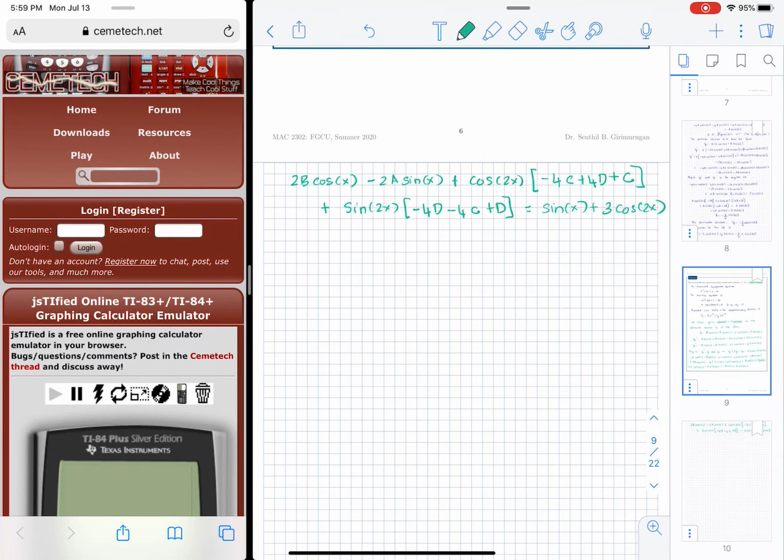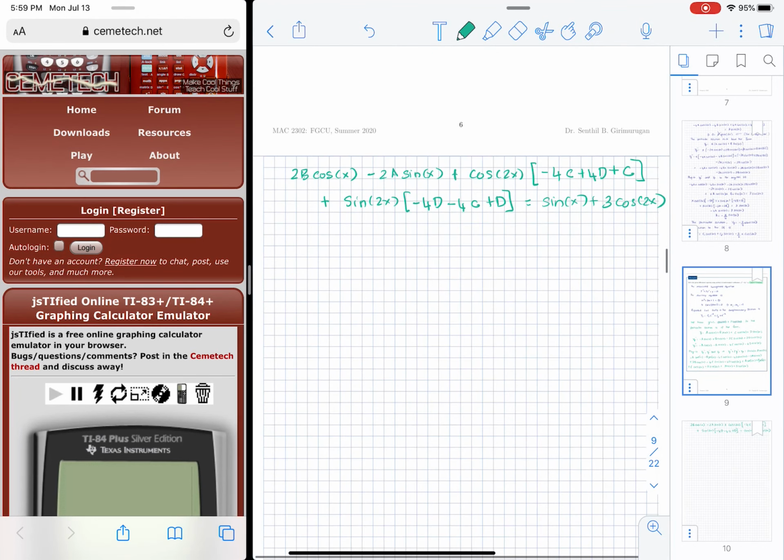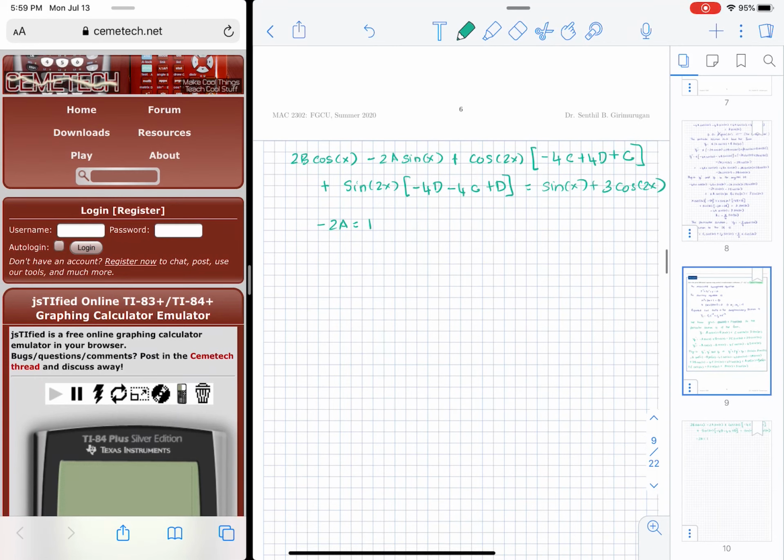So by direct comparison, we can see minus 2a is equal to 1. Comparing the cosine 2x terms, I would get minus 3c plus 4d equals 3. I don't have any sine 2x terms, so minus 3d minus 4c would equal 0.